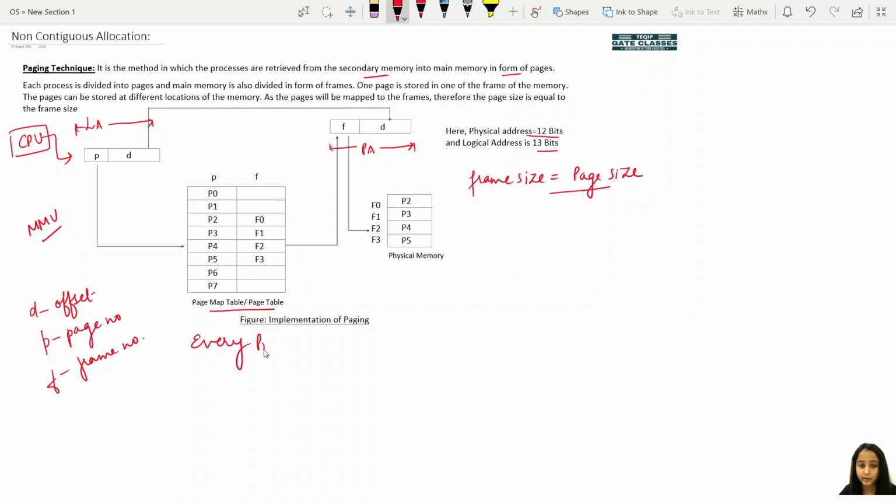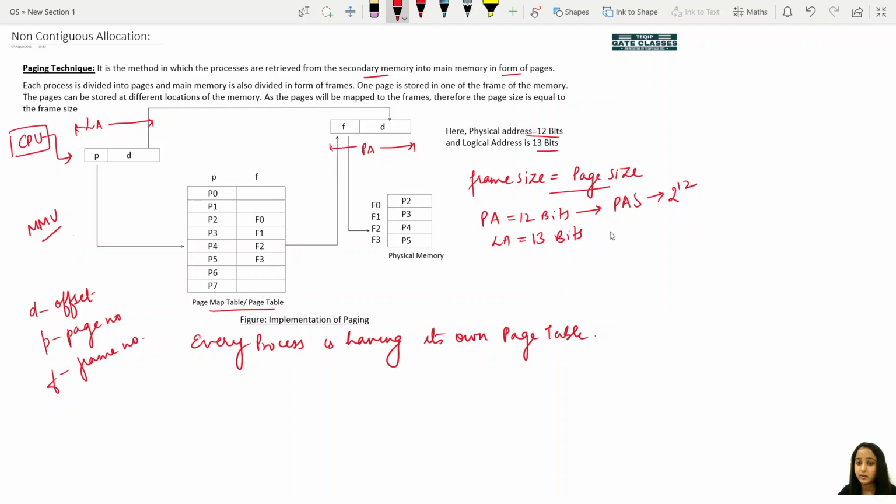Suppose the physical address is 12 bits, logical address is 13 bits, and I am able to find the physical address space, which is 2 raised to power 12, and the logical address space, which is 2 raised to power 13.